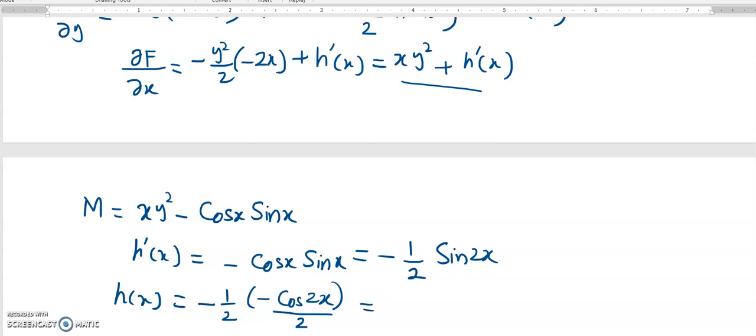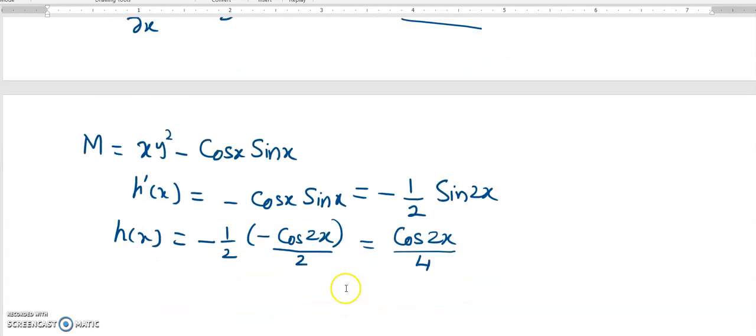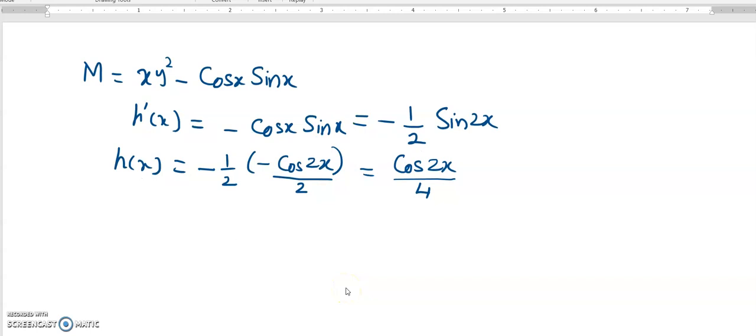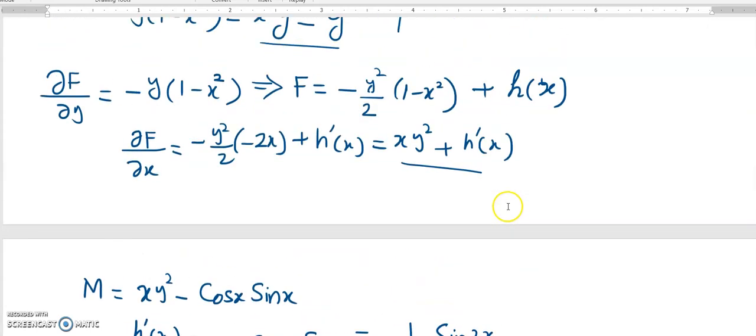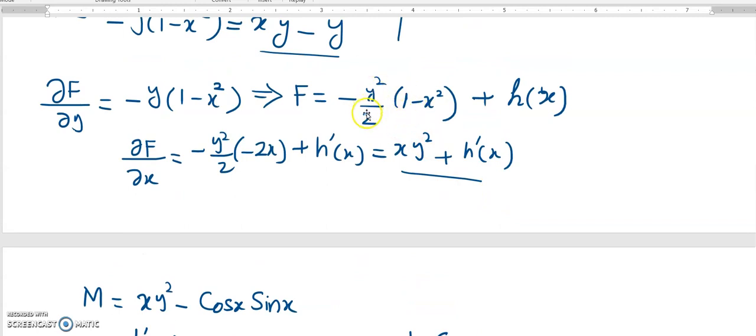So if I simplify it, it will be cosine of 2x divided by 4, which is h of x. So therefore the solution function will be f. So earlier we found f was this.